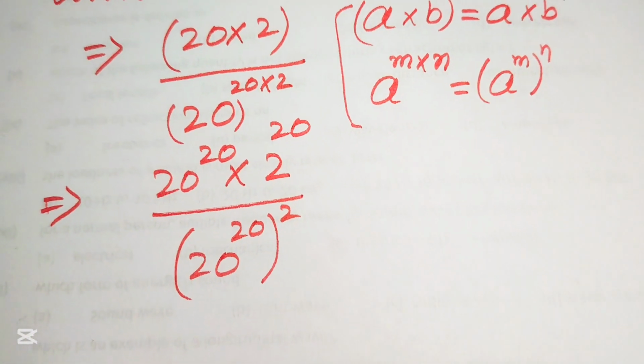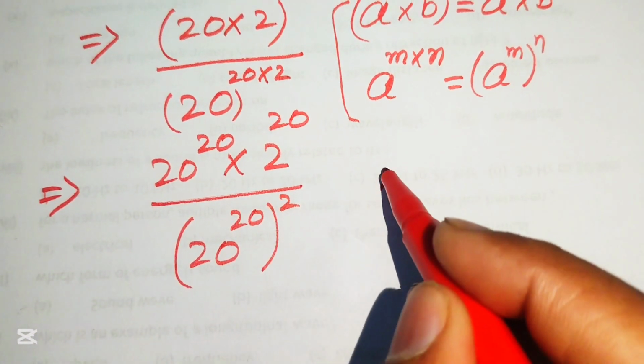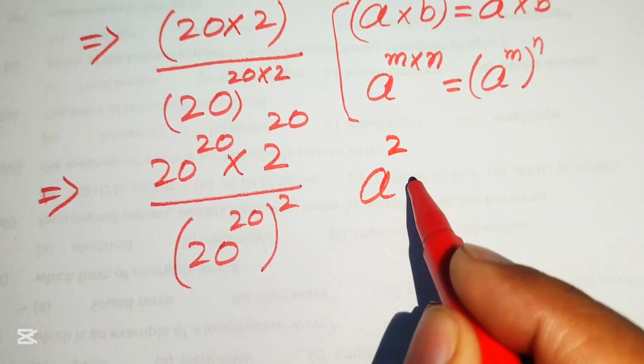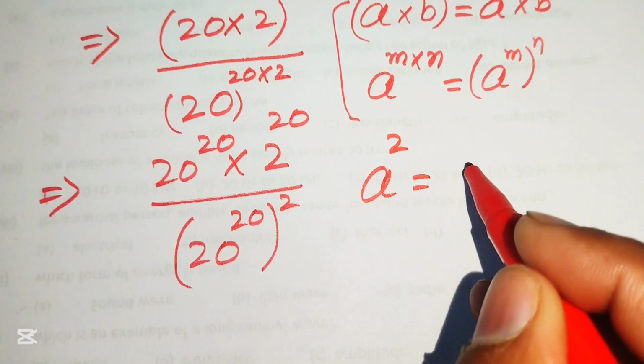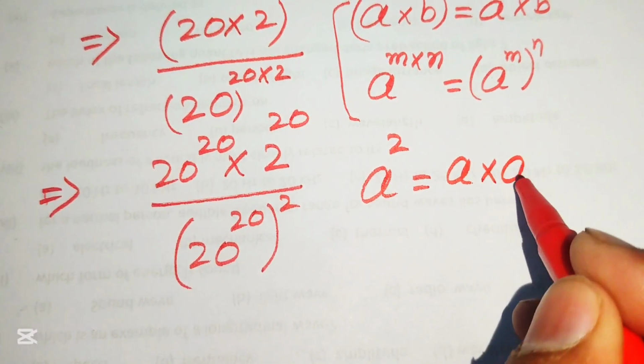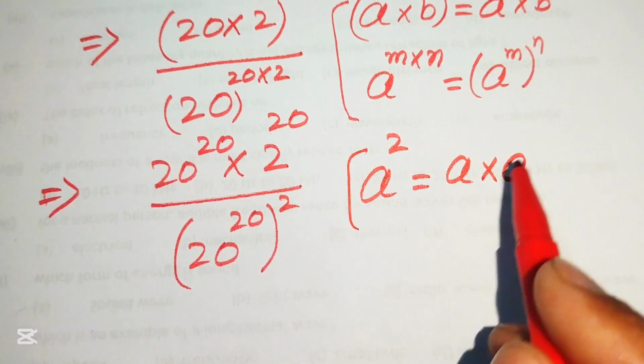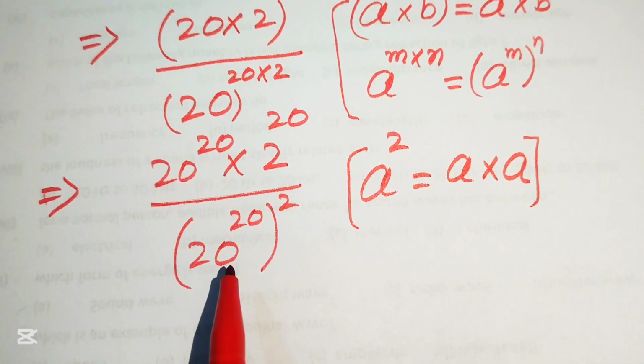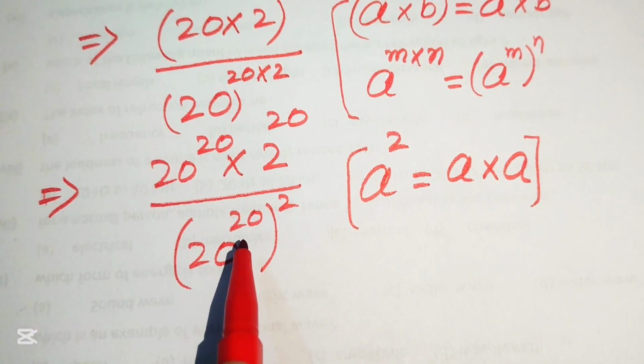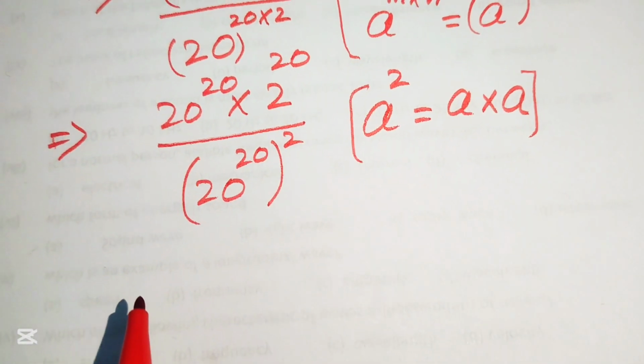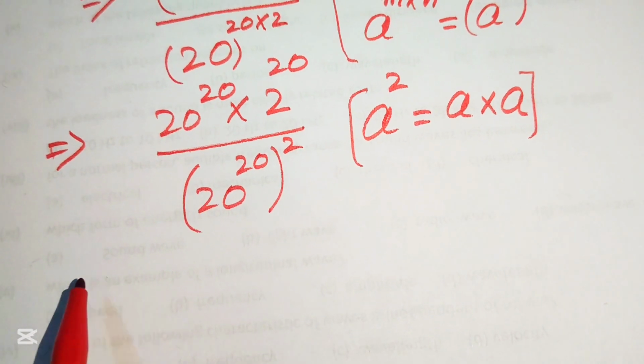And after that we use another exponent law. You know that a square means we need to multiply a with a. According to this rule, we break this 20 to the power of 20 squared.